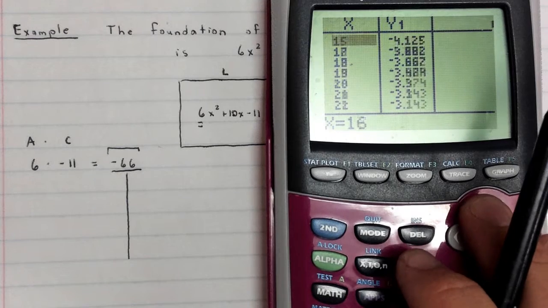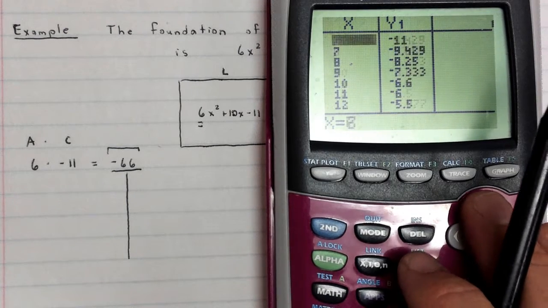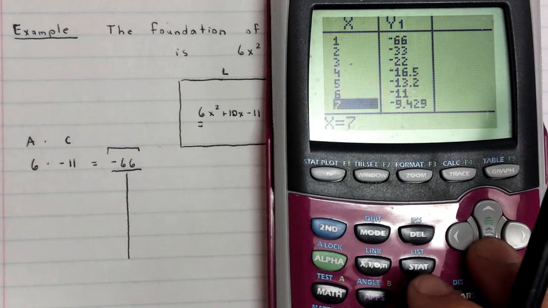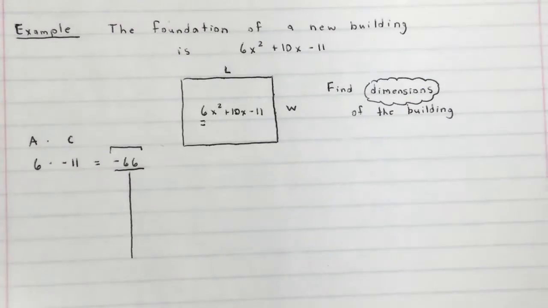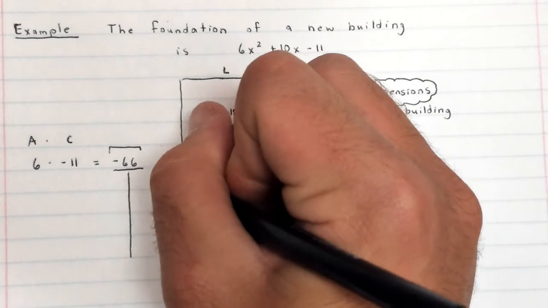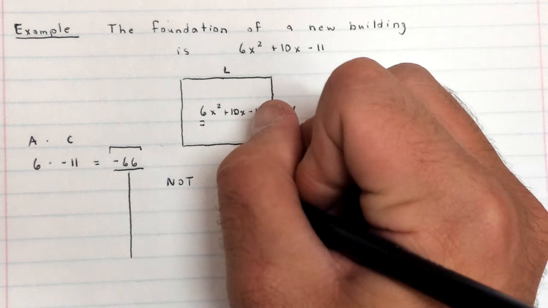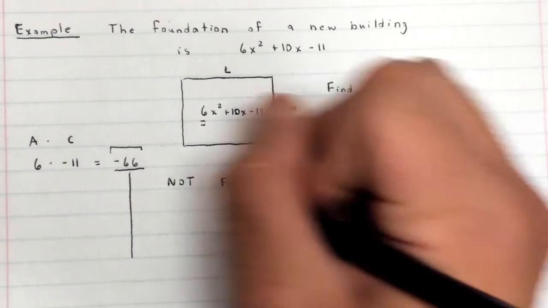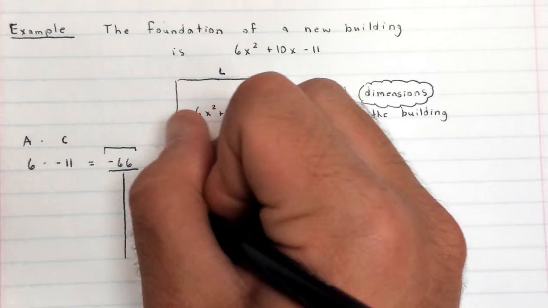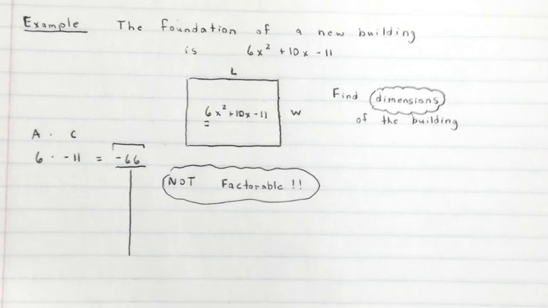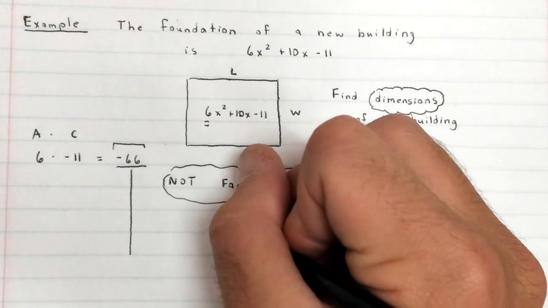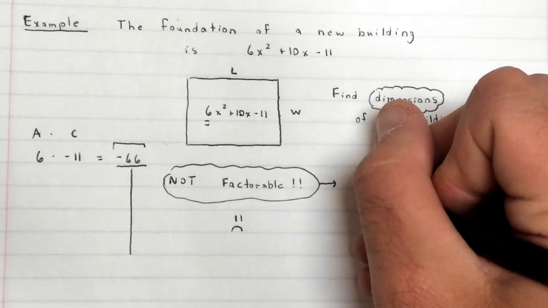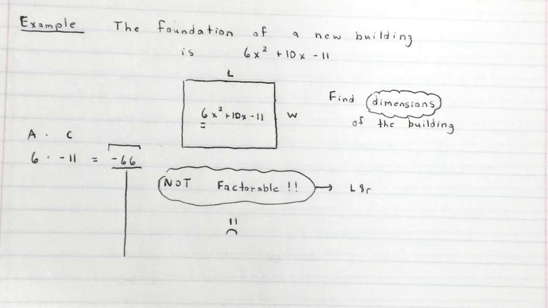There are no factors that combine to give me a positive 10 in the middle. So, not factorable. Cannot factor it. Sad face. We will be dealing with problems like these later.